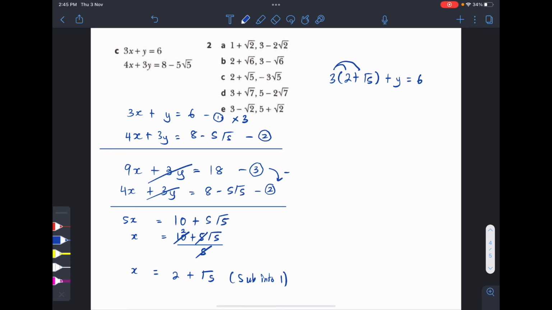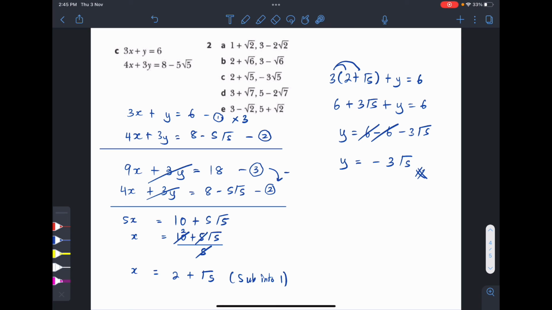Expand on the inside, you will get 6 plus 3 root 5 plus y equals 6. Make the y alone, guys. So y equals 6 minus 6 minus 3 root 5. 6 minus 6, that's just 0. You'll be left with negative 3 root 5. And that is my answer. So double check. And yes, I got it.